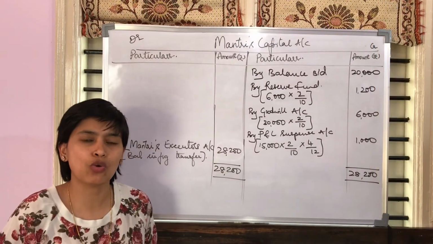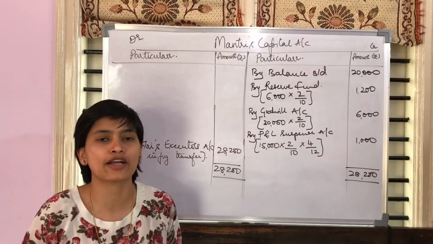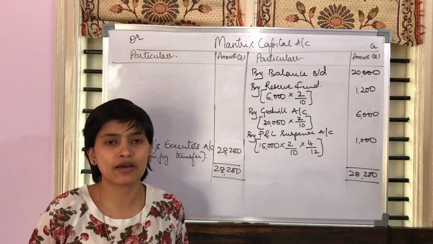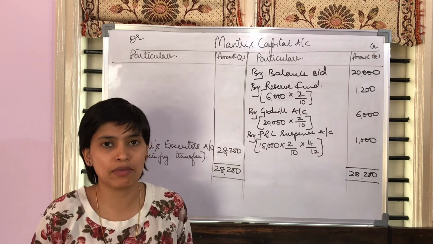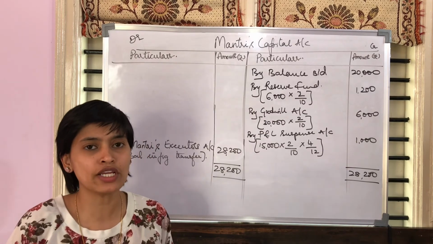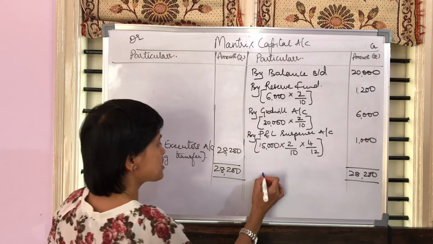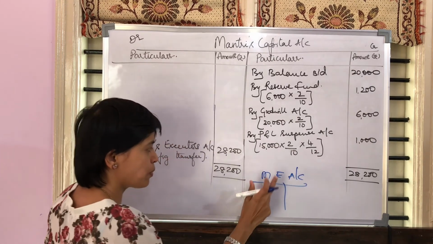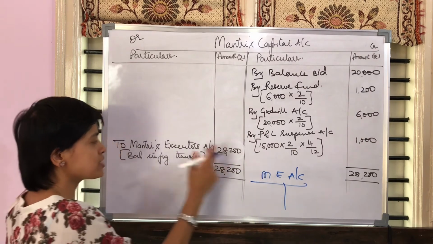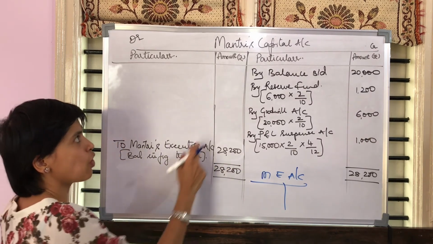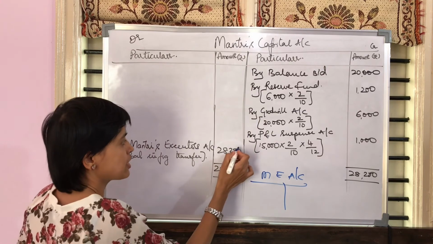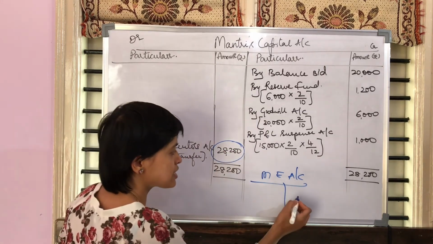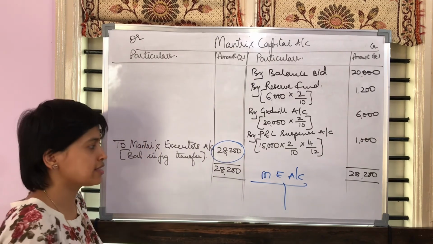Students, as per the question, the continuing partners are actually going to pay monthly's executors an amount of rupees 4,000 immediately. So for which we actually need to prepare monthly's executors account. Now when we are going to prepare this account, what is there on the debit side of monthly's capital account, that is 28,200, we need to bring down the same amount in monthly's executors account.